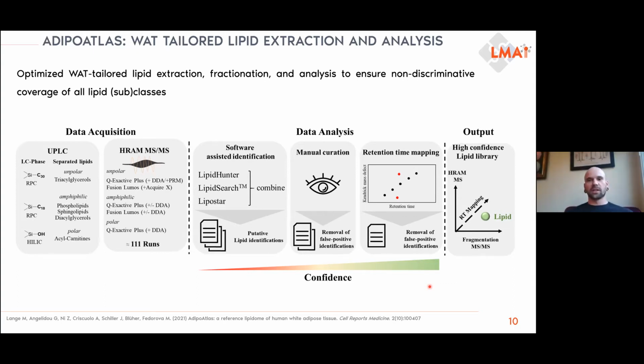Then we used liquid chromatography coupled to mass spectrometry to analyze the whole breadth of the lipidome. We wanted an analytical workflow that does not discriminate between high and low abundant lipids, but sees all of them independent of their concentration and structure.